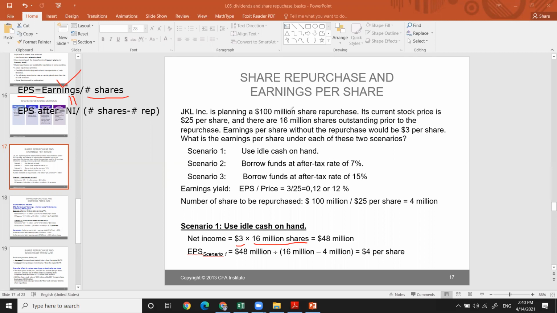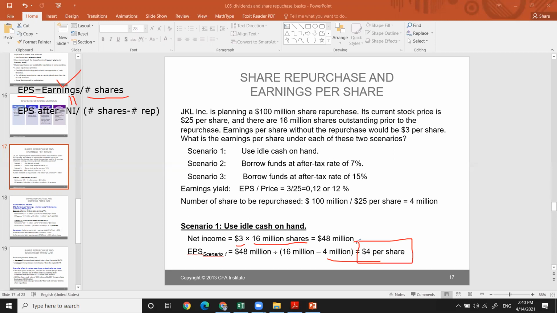So 100 divided by 25 gives you 4 million shares. Basically, we substitute net income divided by the number of shares after the repurchase, 16 minus 4, which is 12 million. And that would give you actually $4 per share.